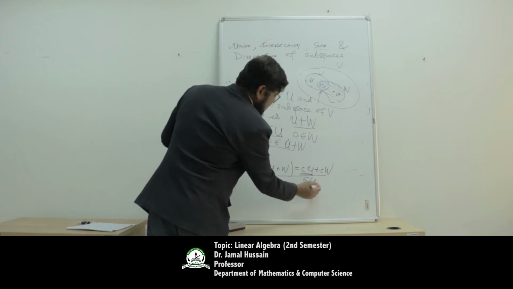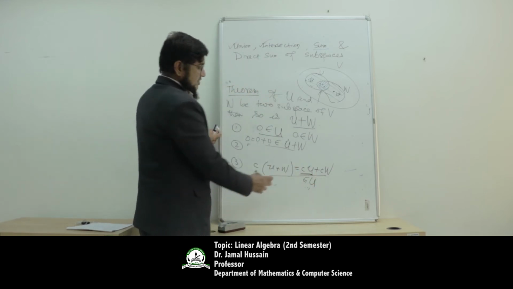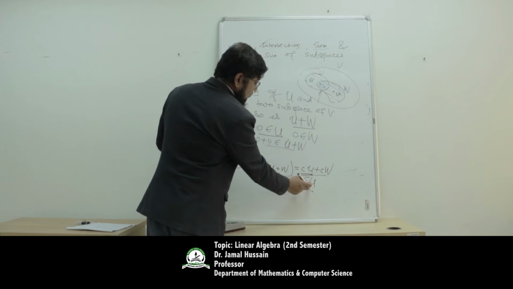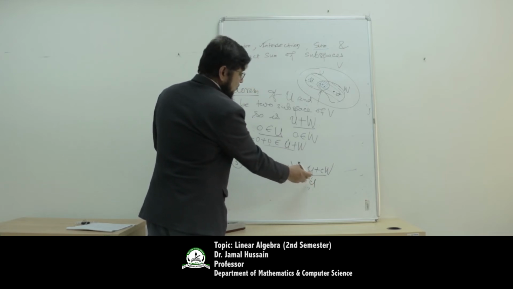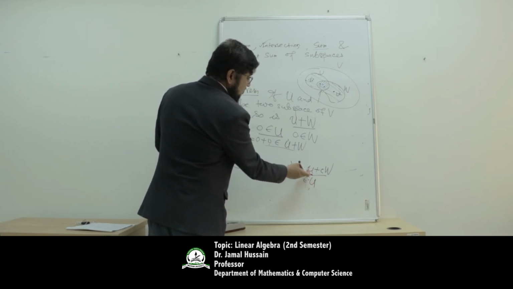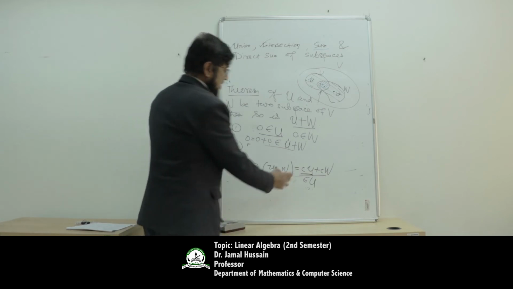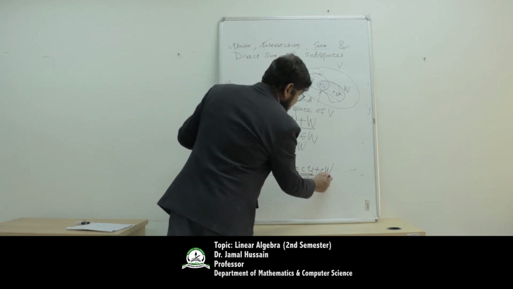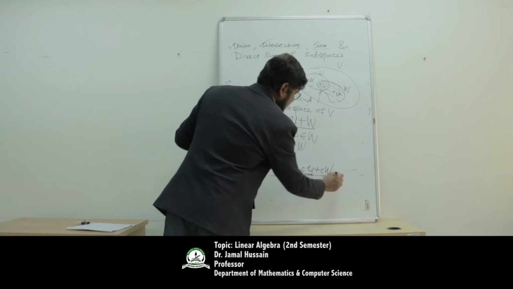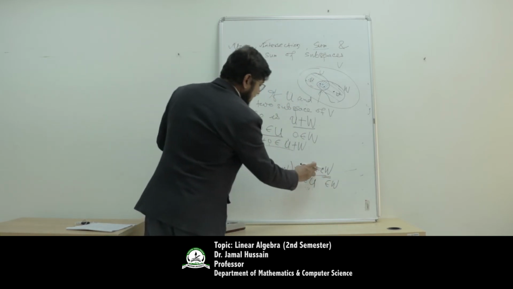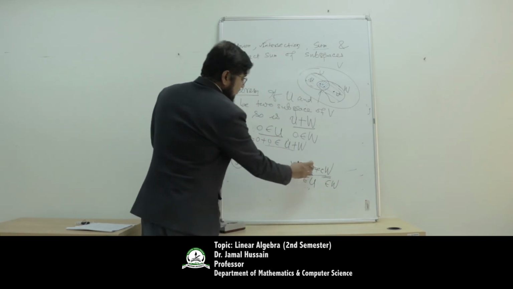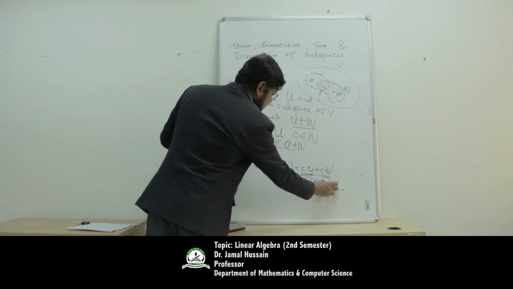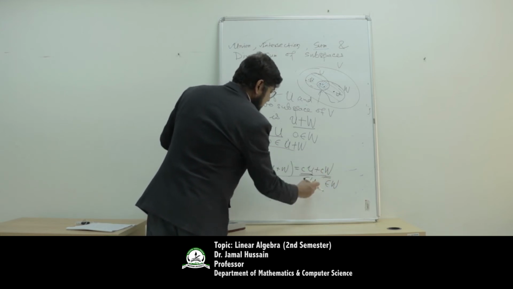Because U is a subspace, this vector belongs to U, and this is any scalar. If it is a subspace, it must be closed under scalar multiplication, and hence this belongs to U. Similarly, this belongs to W. So we have a sum, a pair where the first part belongs to U and the second part belongs to W, and that's why this must be in U plus W.